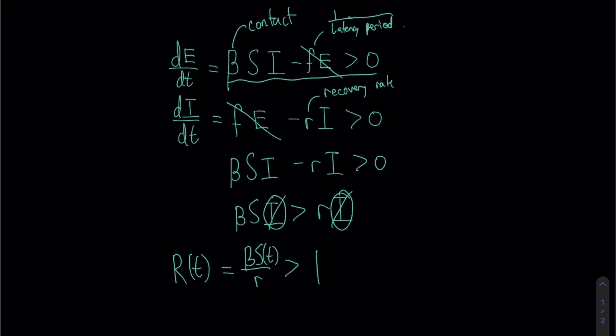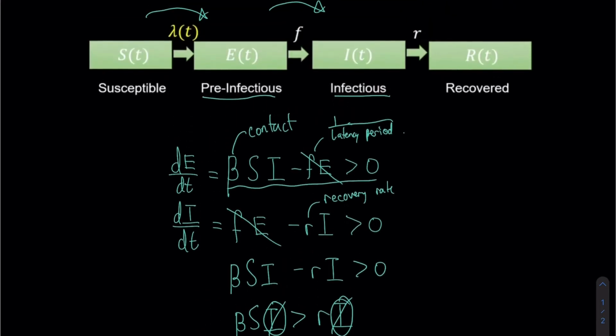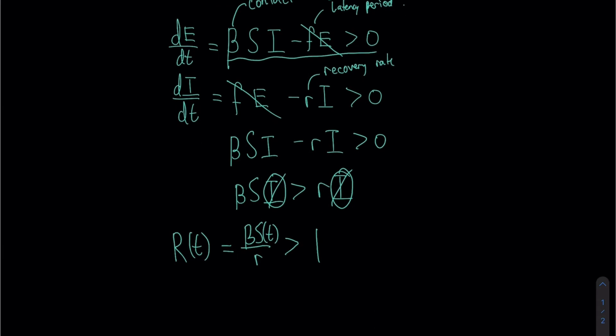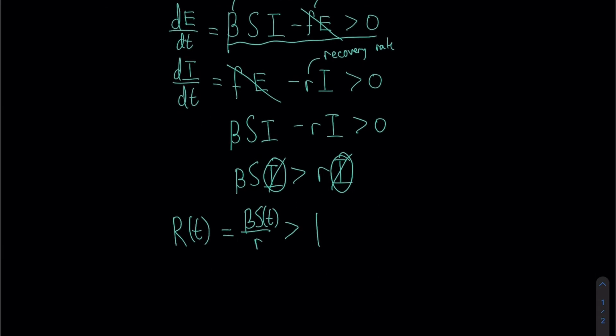Why did I write Rt? First of all, don't get confused with the Rt, the recovered R(t). This Rt has to do with the disease being spread. You might have heard of the term R0. Well, that's just plugging in 0 into this equation. This is going to be beta S0 over r.